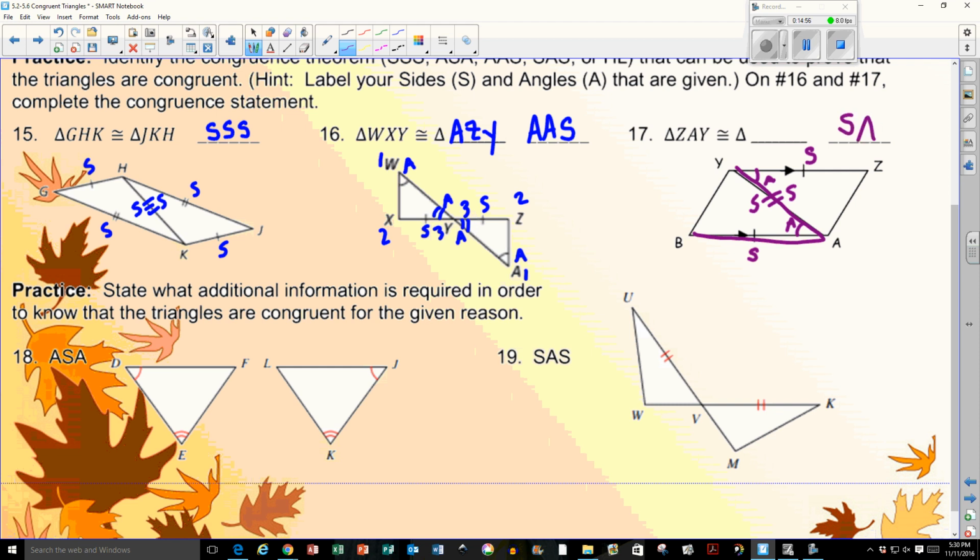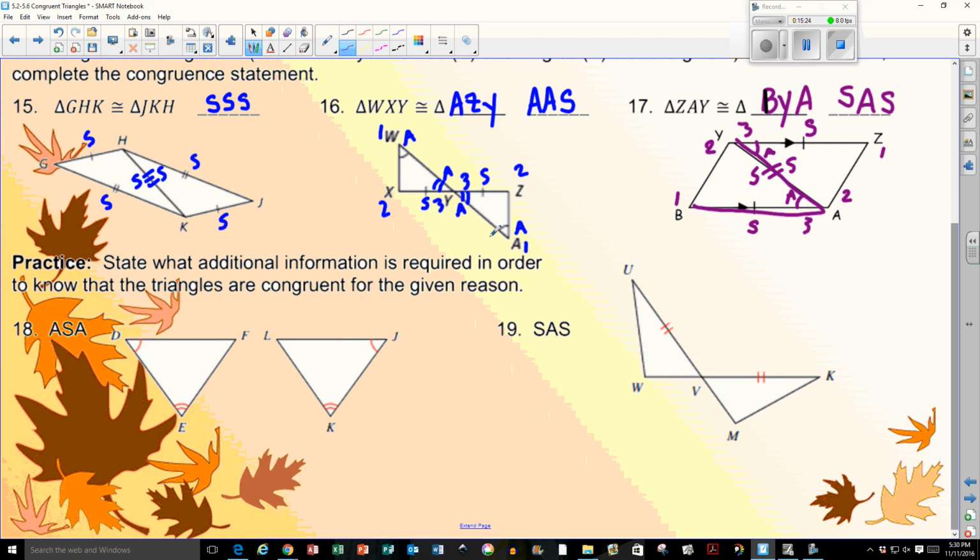So ZAY, so 1, 2, 3 goes with, so if it's ZA, then I've got to go BYA. So these two are my 3's because those are the two that are equal. So corresponding parts have to go together. So this is going to be BYA.